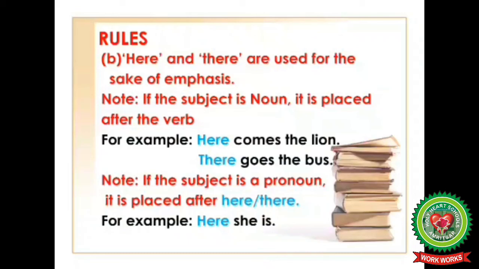Now in this case, subject is she and it is a pronoun, so it is placed after the adverb here and before the verb is. There it goes. Again, subject it is a pronoun and it is placed after the adverb there and before the verb goes.